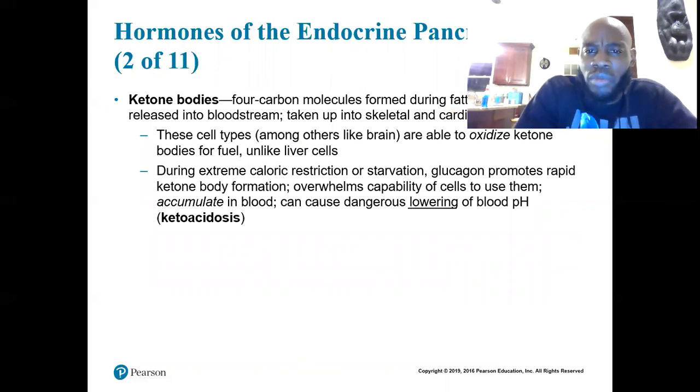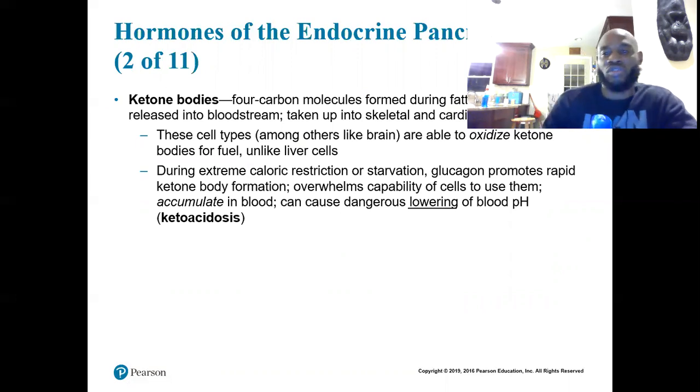Ketone bodies are 4 carbon molecules during fatty acid metabolism, released into the bloodstream, taken up by the skeletal and cardiac muscle cells. These cell types are able to oxidize ketone bodies for fuel, unlike liver cells. So liver cells can't do it, but your skeletal and your cardiac muscles can.